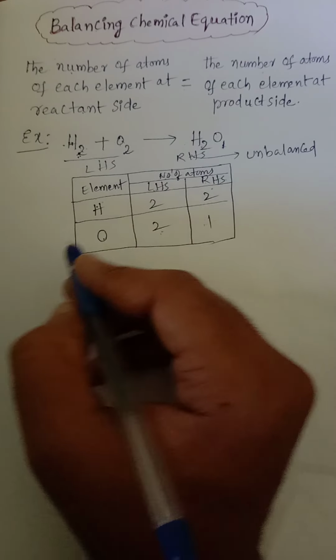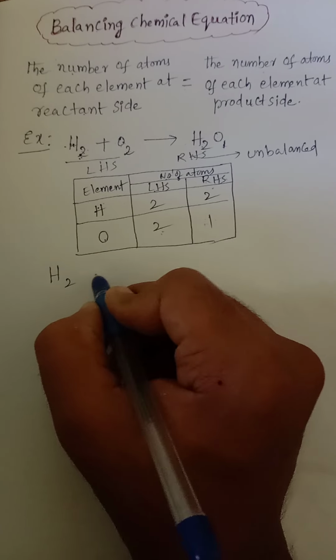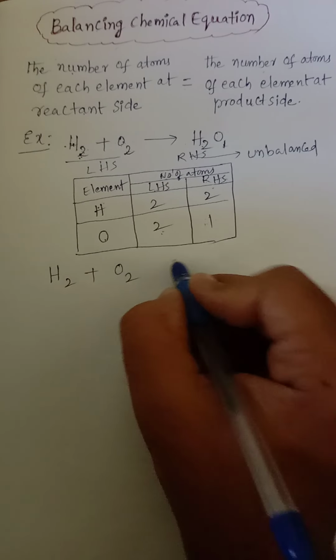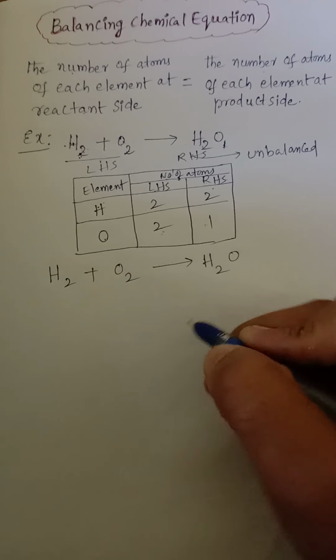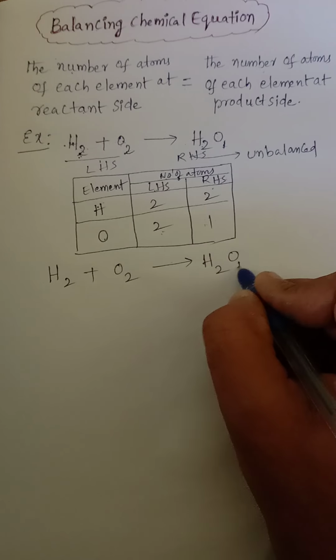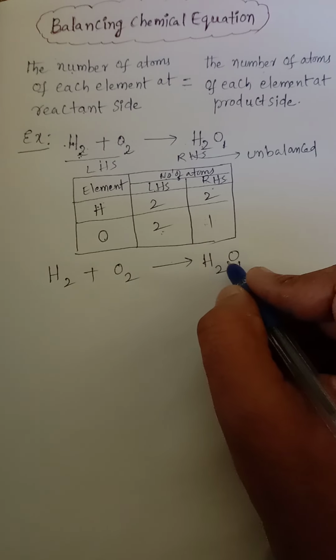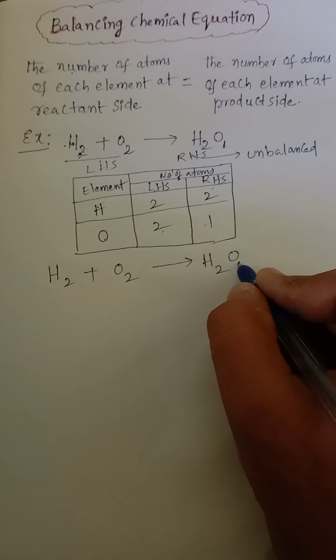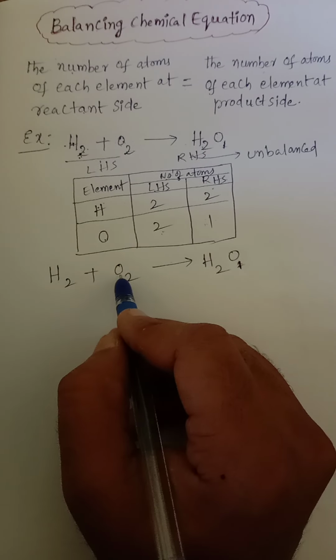Now I am going to balance it. For this I write the equation: H2 plus O2 gives H2O. Observe how many oxygen atoms are there on the right: 1. Don't write 2 there, because if you write 2 the molecular formula will be changed. So only one atom of oxygen is there, and we need to balance the oxygen.